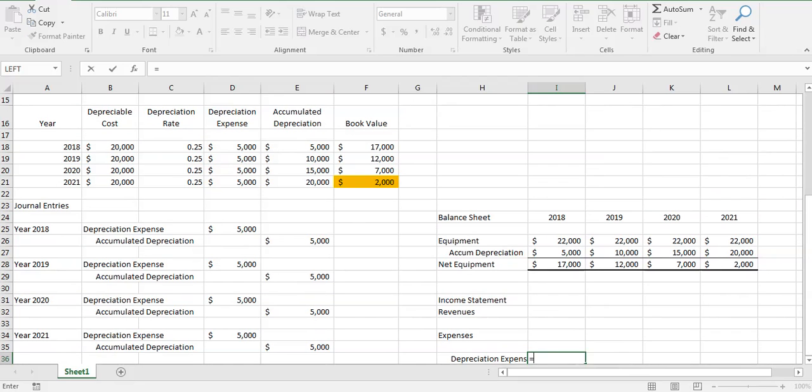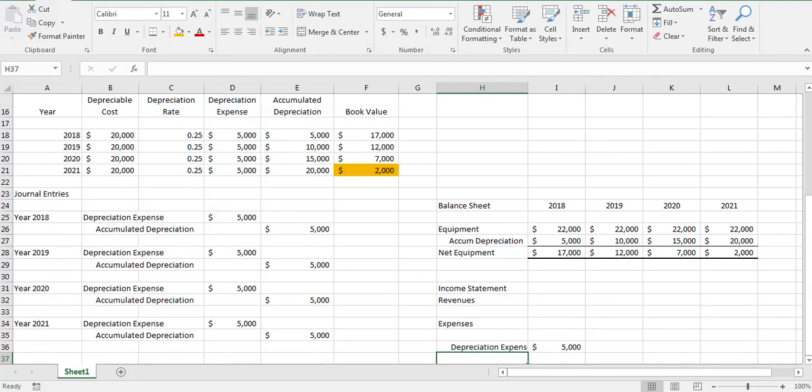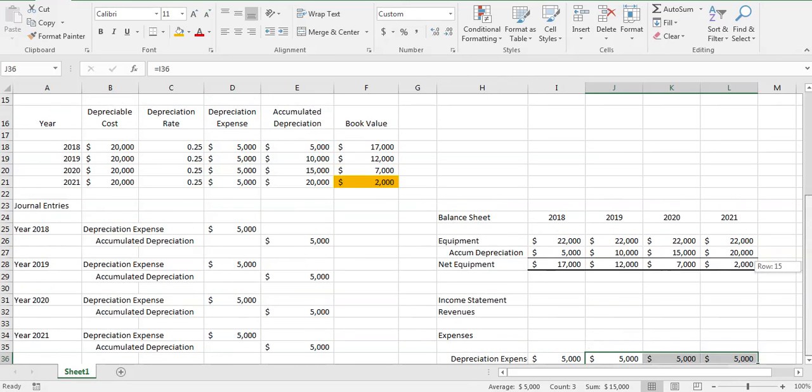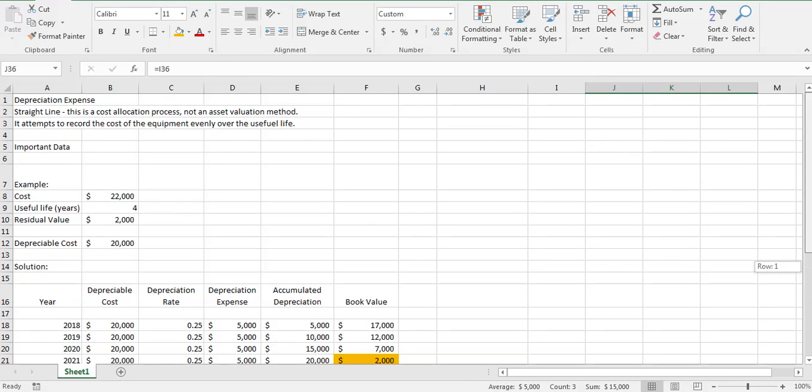So we will have depreciation expense, and we will have the 5,000 for every year. Remember, it is a nominal account, so it will be closed out at the year end, and it will only have 5,000 for every year, since the accumulated depreciation is just an accumulated amount. So there you have it. Pretty much this is all that we have for today for depreciation expense.